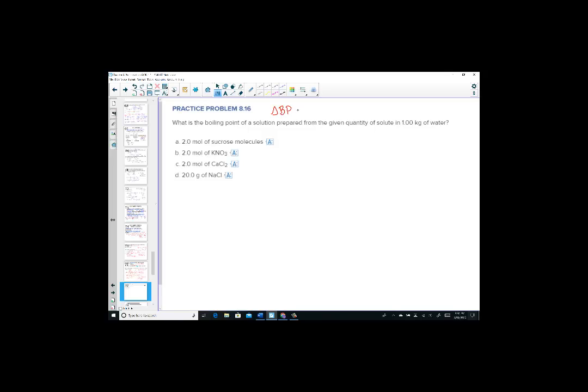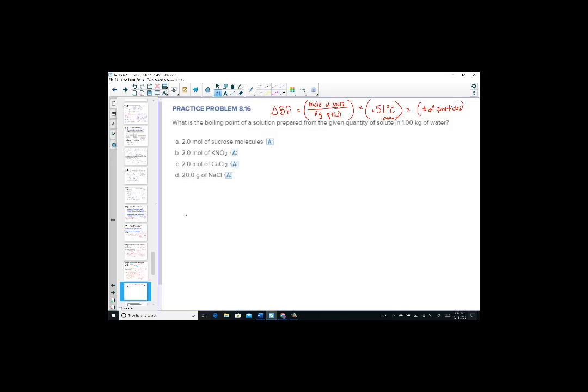The change in the boiling point is equal to the concentration unit, which is moles of solute per kilogram of water, times our boiling point constant, 0.51 degrees Celsius, times the number of particles. Now notice this did not give us the 0.51, so I had to know that to do this practice problem. So this part right here I had to remember.